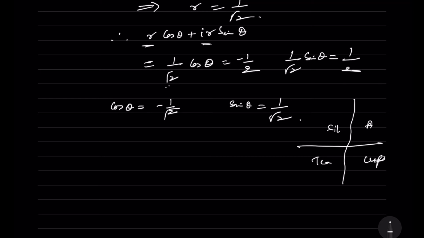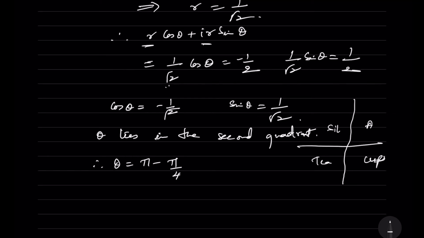Therefore theta lies in the second quadrant, so theta is equal to pi minus pi by 4, which is equal to 3 pi by 4.